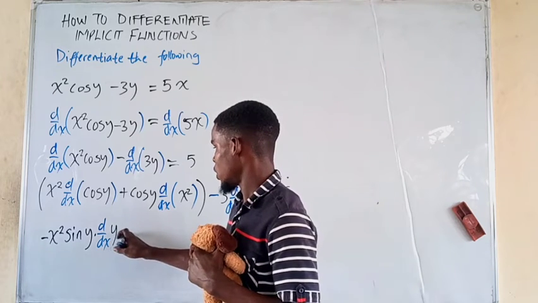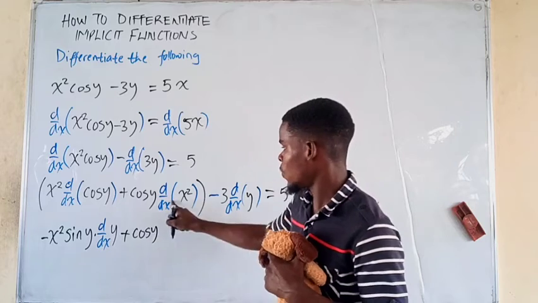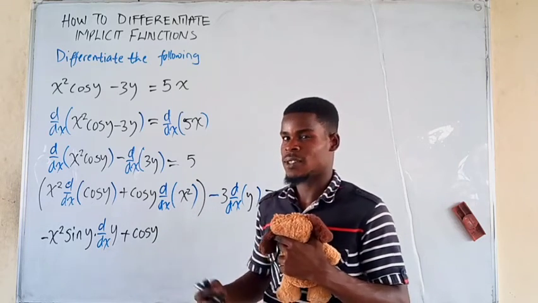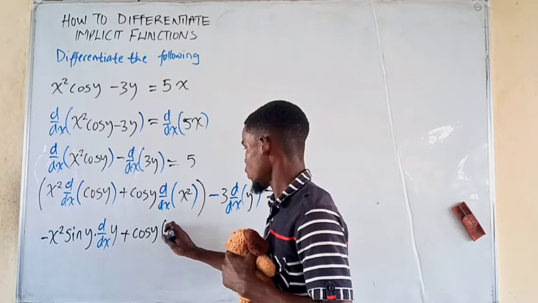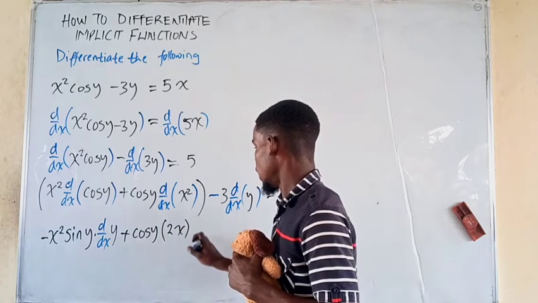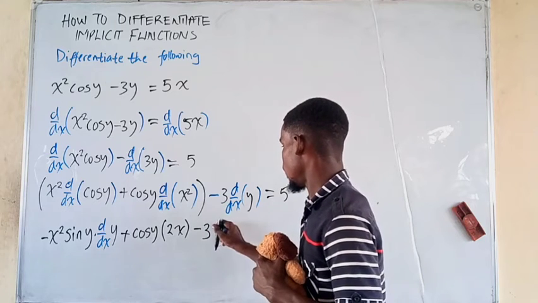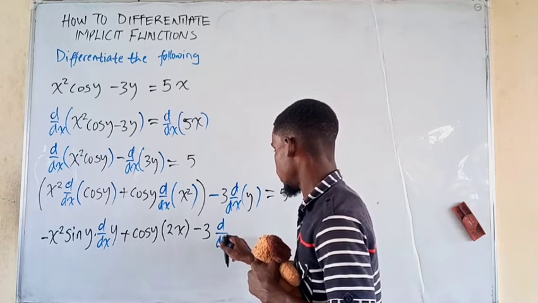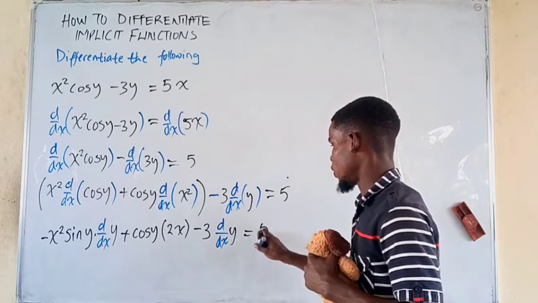And then we add this with cosine y times the derivative of x squared with respect to x, which gives us 2x. So that's cosine y times 2x. Good. And then we say minus 3 times the derivative with respect to x of y. Good. And then we equate this to 5 on the right-hand side.